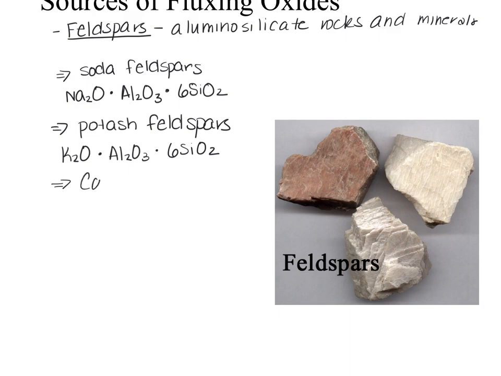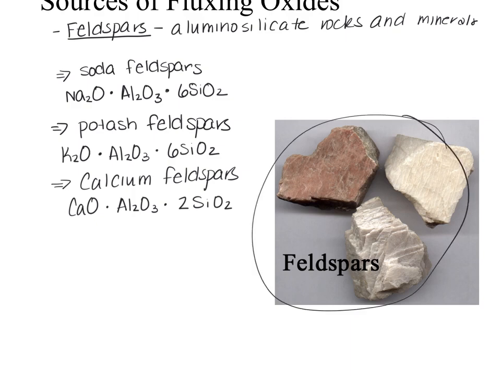Then we can have calcium feldspars. And that's calcium oxide is the base, still with alumina, which is Al2O3, and then 2SiO2. Okay, so the feldspars, which are shown right here, are those sources of our fluxing oxides.